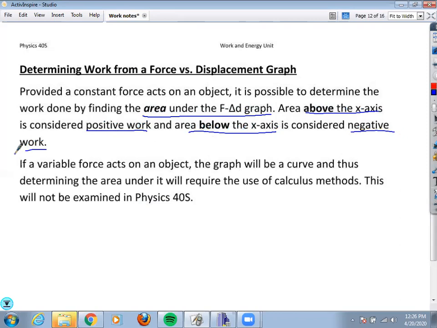If a variable force or a non-constant force acts on the object, then the graph would be a curve, and determining the area would require the use of calculus methods. And so we will assume a constant force applied, and thus we will not be examining variable forces in grade 12 physics.